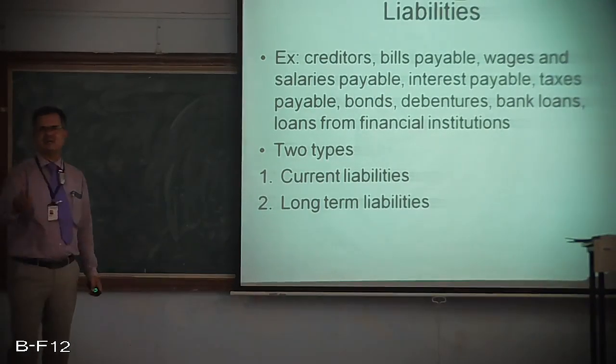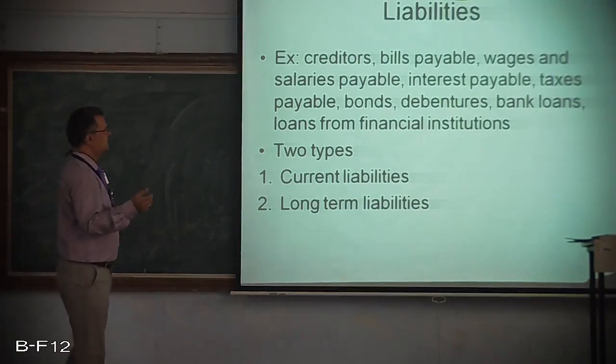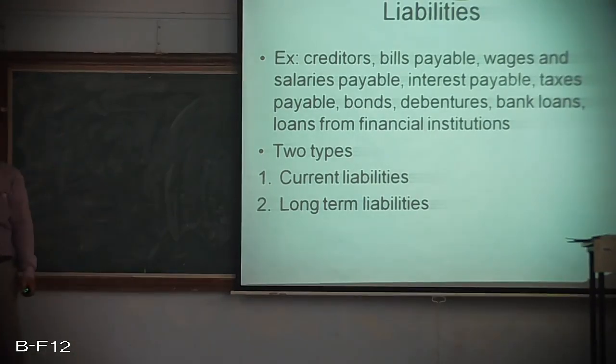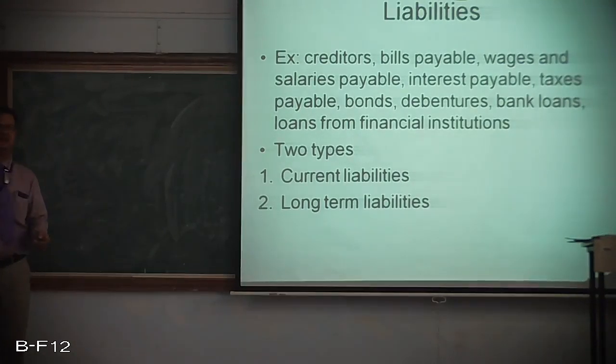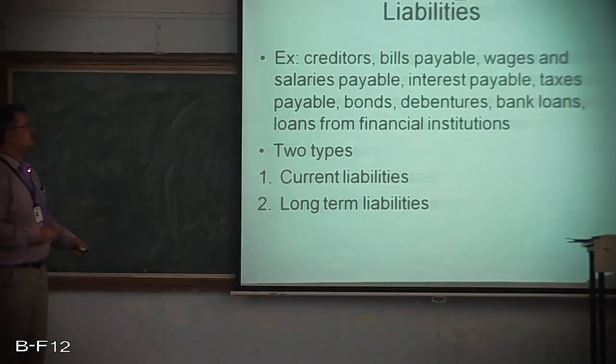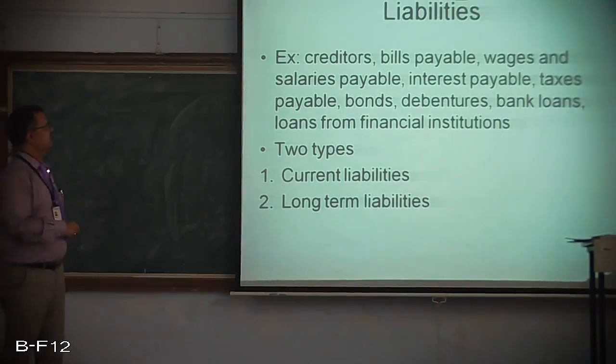Debentures, where somebody has invested as a debenture bond, and bank loans and loans from financial institutions and other institutions like SFC, and small scale industry bodies like SIDO. All these also provide loans, so they are supposed to pay the loans. All of these are called liabilities.